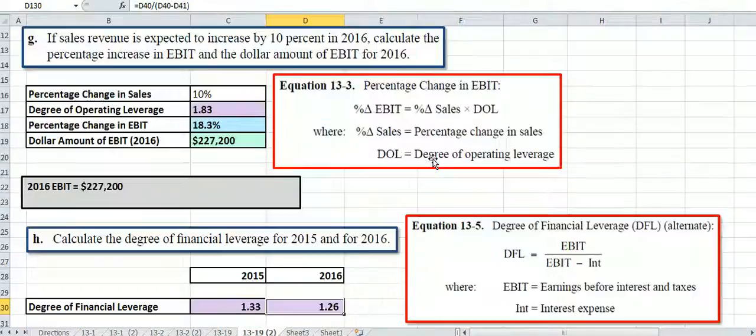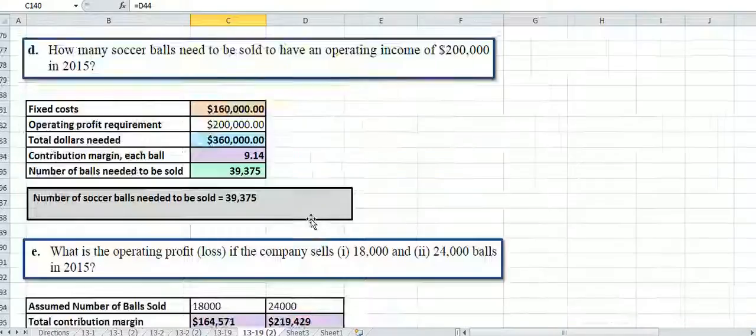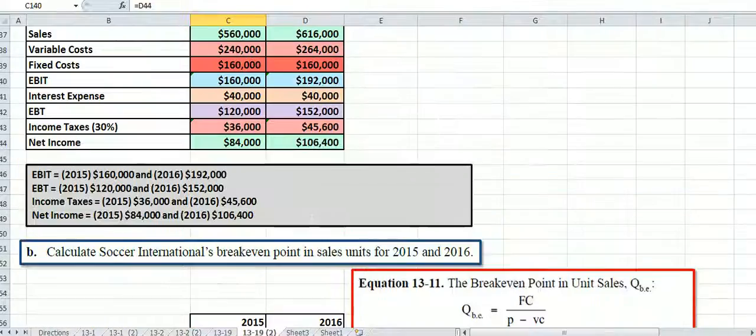So because we have more earnings and the same interest expense, our financial leverage for 2016 is going to be slightly lower. Okay, now calculate the percentage change in net income and the dollar amount of net income expected in 2016. That's done for you. Simply put the formula in right here to calculate the percent change going from 2015 to 2016, and this just comes from our net income way up here.